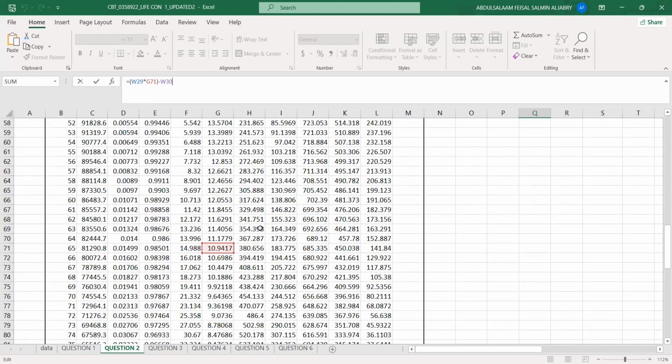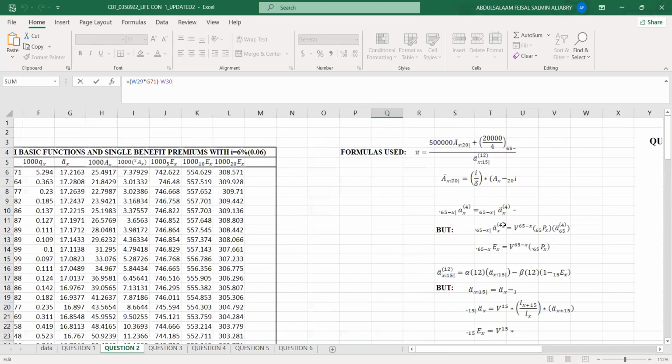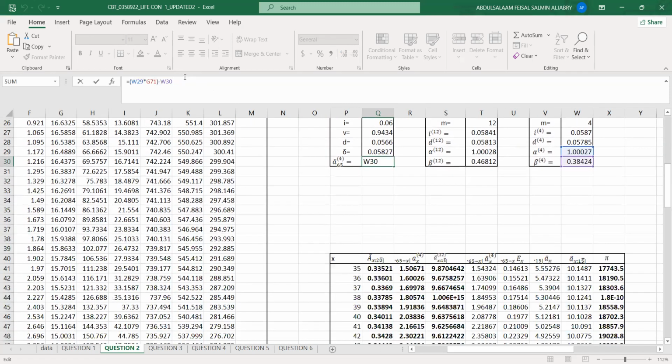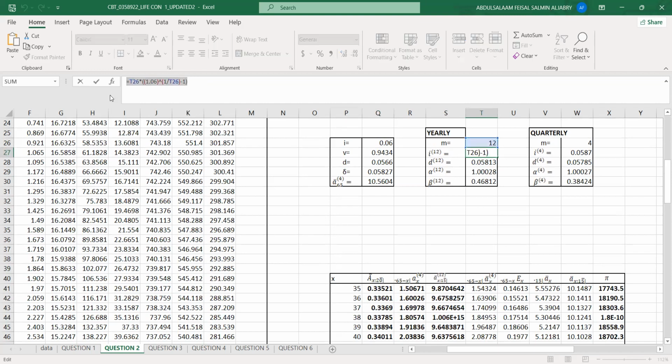That's why we are told to use the illustrative life table to get the value of a double dot x in this case. So a double dot x minus beta(4). After getting that, we also need to get these values. This is the effective annual rate, where the formula is this one: m, which is 12, multiplied by (1 plus i) to the power 1 over m, minus 1.